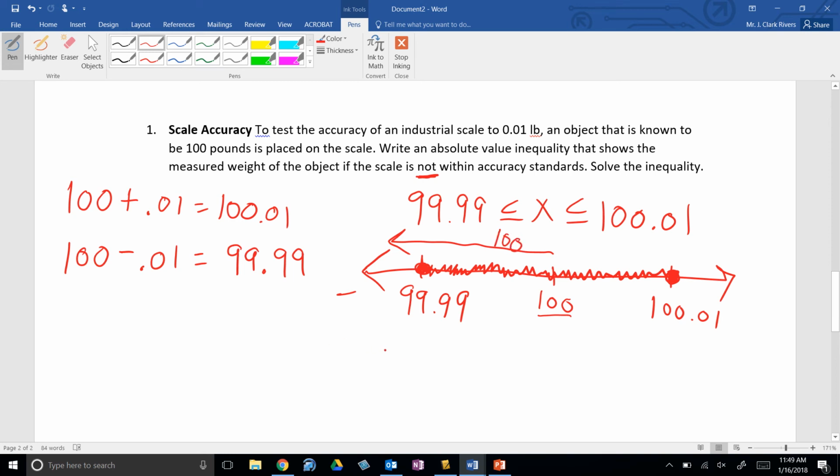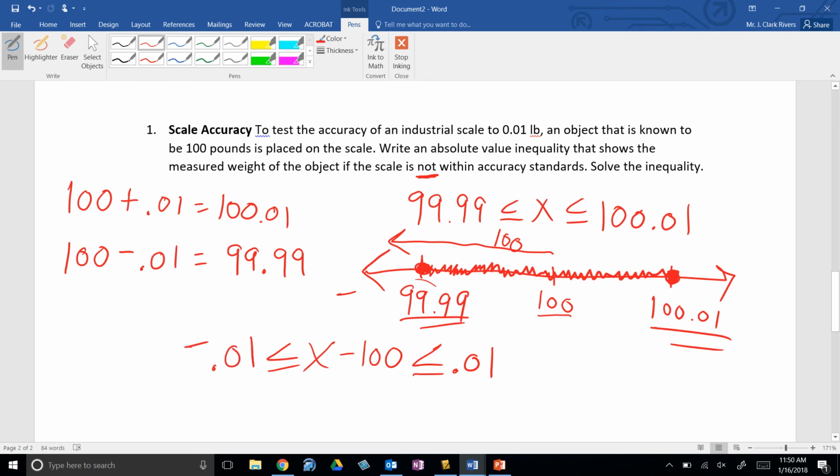So it's going to be x minus 100. Now, if I move 100 to the left 100, I'm also going to move 100.01 to the left 100, which would be what? That's going to be at 0.01. And if I take 99.99 to the left 100 units, I'm going to be at negative 0.01.